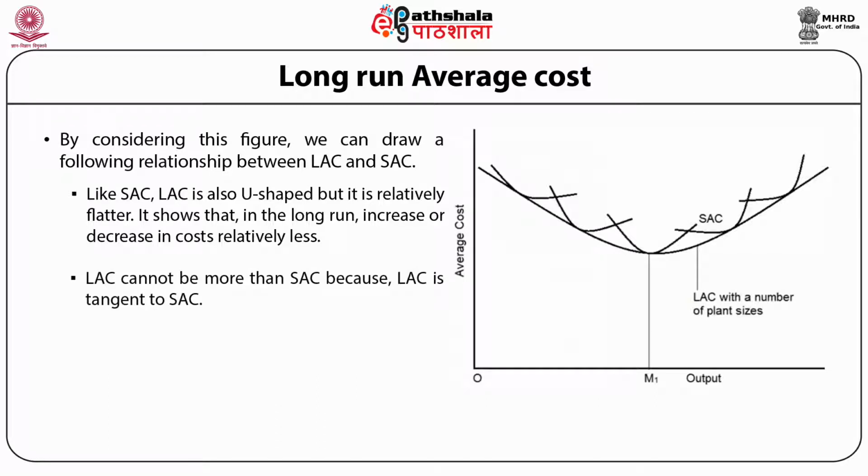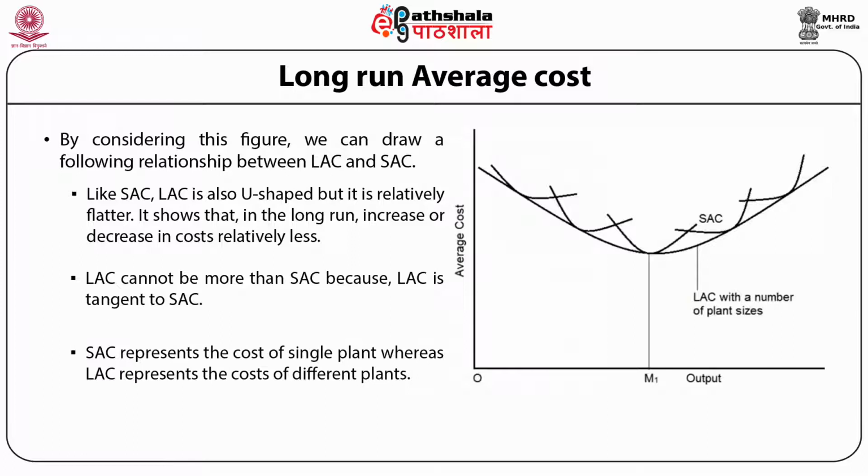LAC cannot be more than SAC because LAC is tangent to SAC. SAC represents the cost of a single plant, whereas LAC represents the cost of different plants.